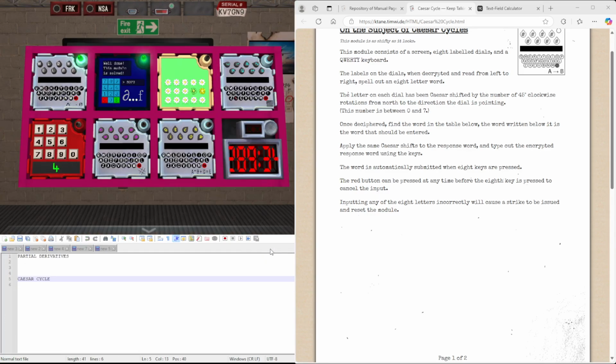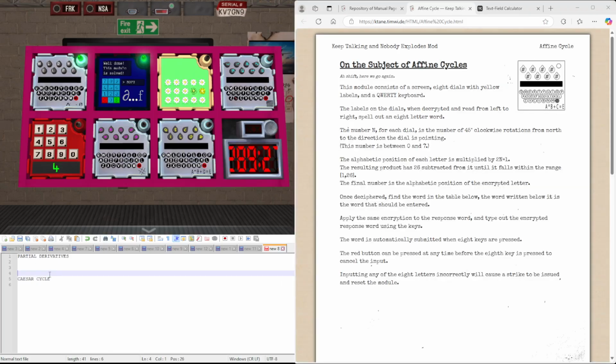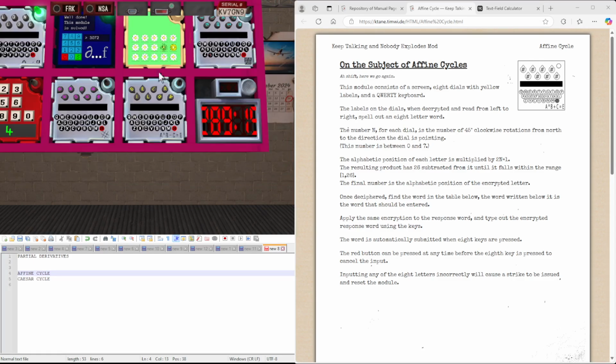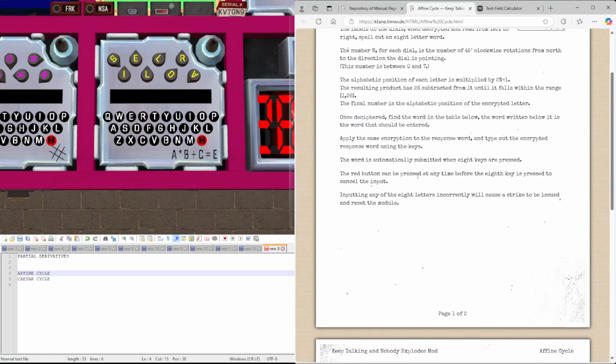So our next one will be stage 4, which is Affine cycle. Division is multiplied by 2n plus 1, number n for each dial over 45-degree clockwise rotations.